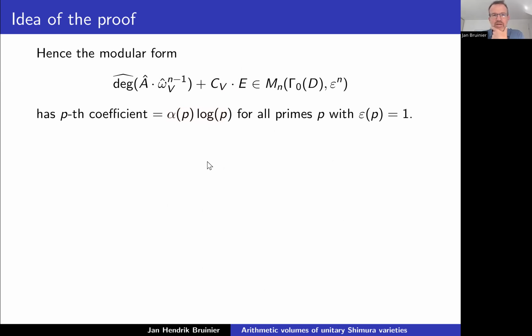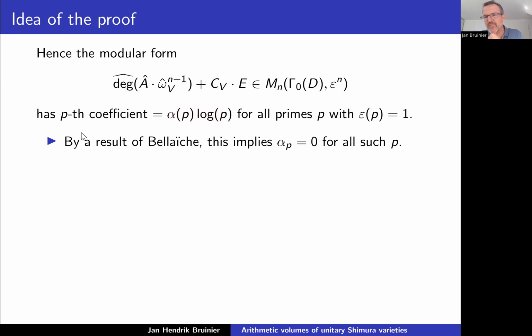And now one can use results of Bruinier on Galois representations associated to modular forms to deduce that these alpha p have to vanish for all such p. This is a consequence of these results.